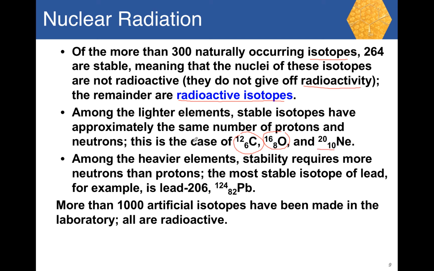These are described as pretty stable isotopes. They do not give off radiation. Others, however, the heavier ones, tend to be radioactive. One that's pretty heavy but also stable is lead. So now you can see why in that early experiment they used a lead box, because it's pretty stable compared to the other elements that have a higher atomic mass. The elements with larger atomic mass tend to be radioactive.